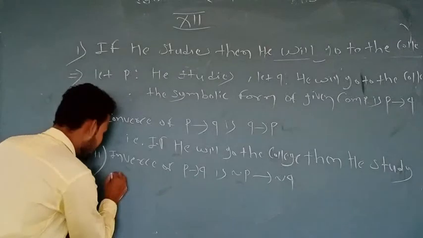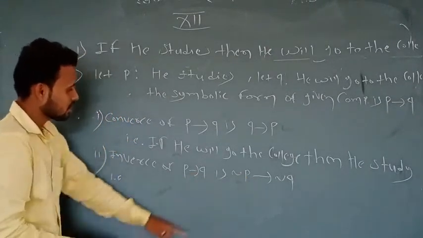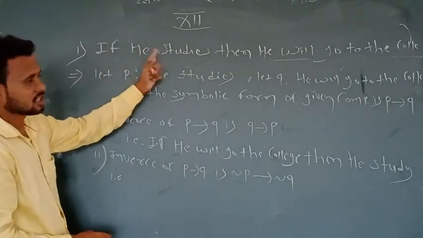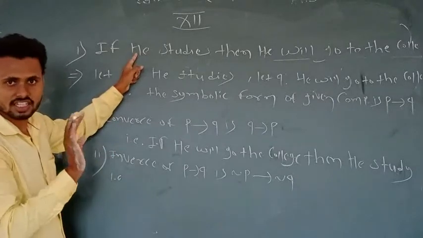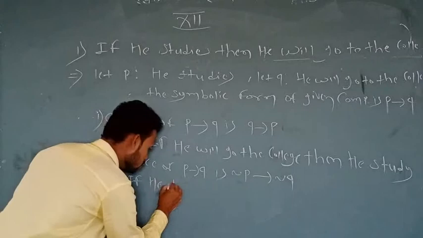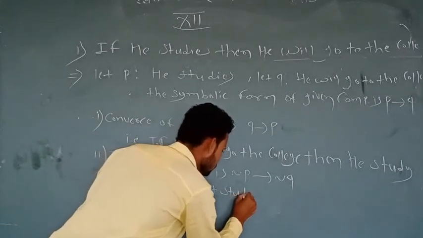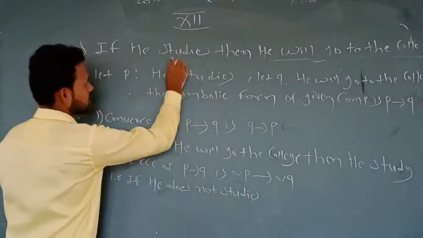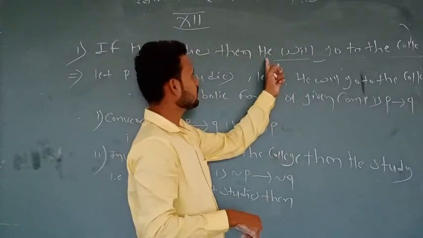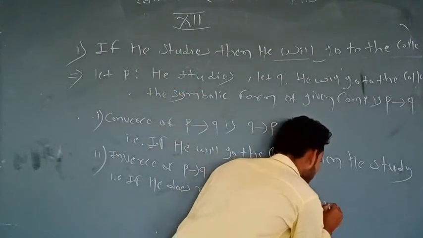Therefore, we can write this statement pattern in terms of sentence. First, negation of P: if he does not study, negation of that statement, then negation of that Q statement, he will not go to the college.